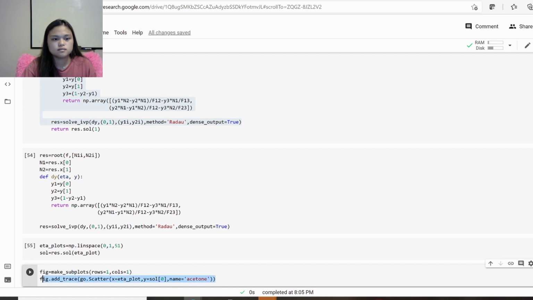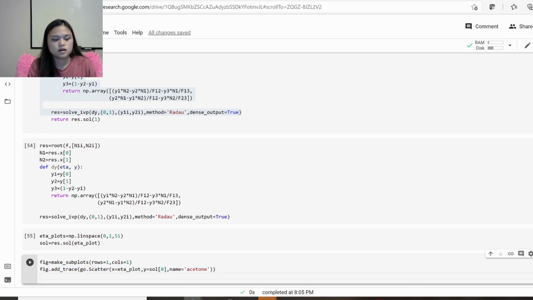Okay. And then I'm just going to copy this because I want to do the same for methanol. So the only thing I need to really change is this. So that's for the methanol, and then change the name, obviously.